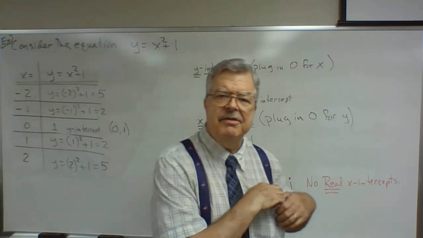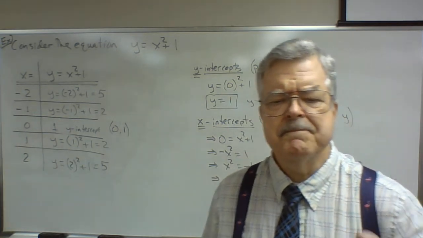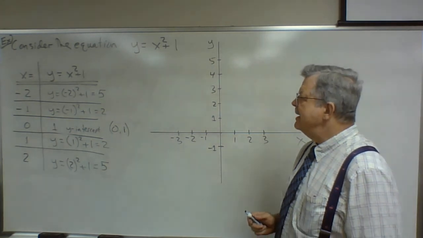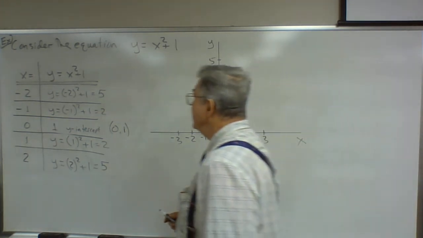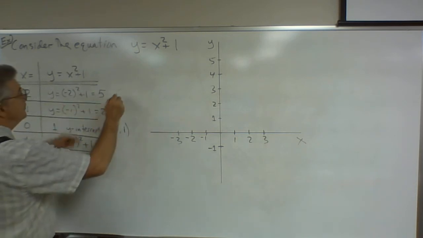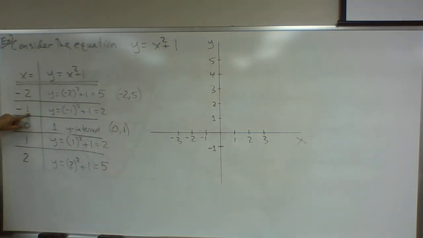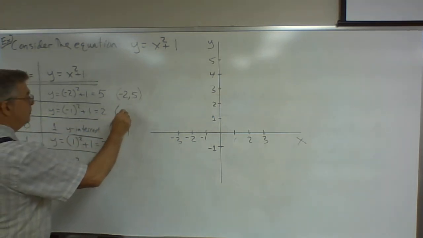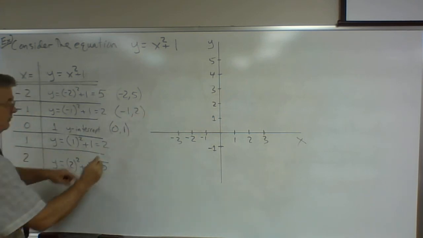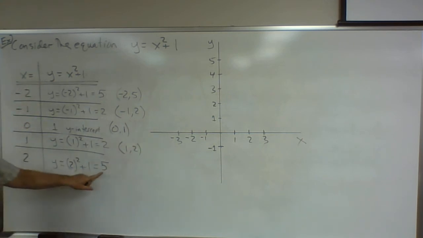Let's draw a picture of this thing and see if that ties all the loose ends together. Okay, let's plot these things and see if it will all make sense. x is -2, y is 5. x is -1, y is 2. x is 1, y is 2. x is 2, y is 5.